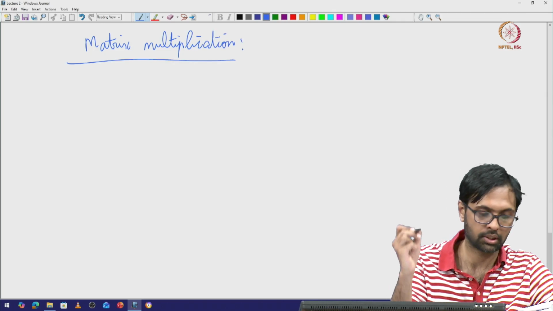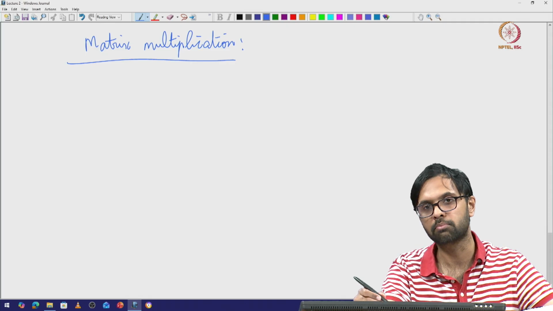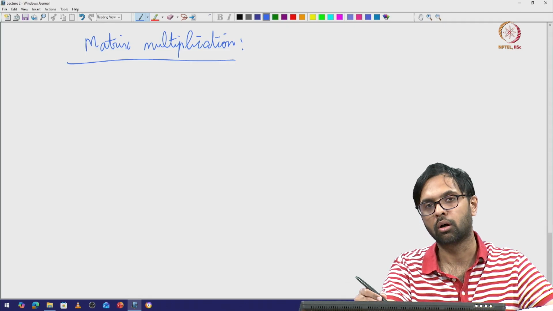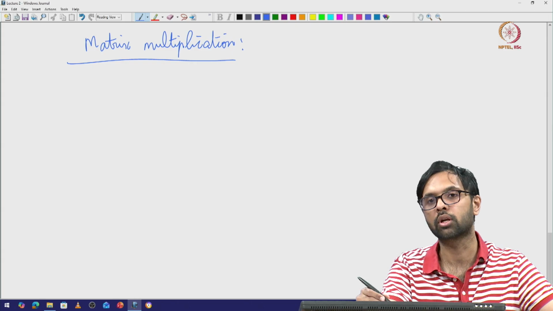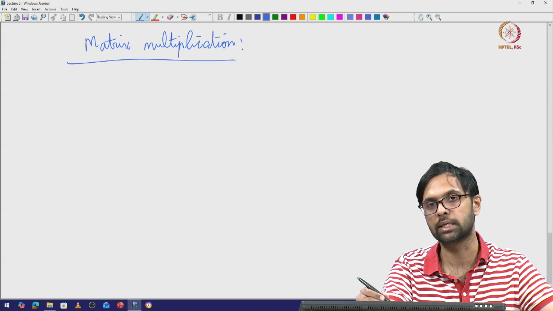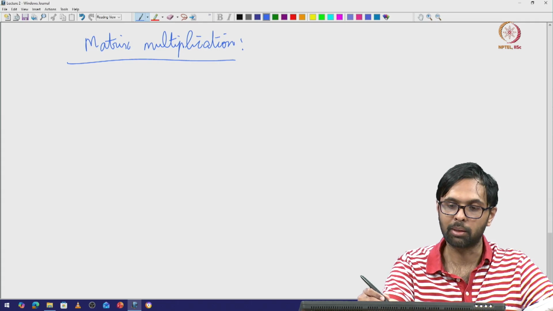Matrix multiplication. I want to define matrix multiplication. Although you would have seen matrix multiplication in high school, my aim rather is to motivate why matrix multiplication is defined the way it is. That's not the only way to multiply matrices, I mean, the way that we are all familiar with.